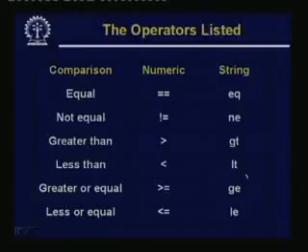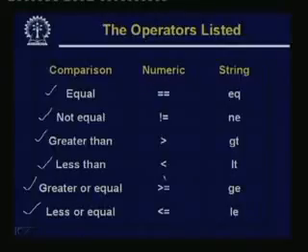So, the operators are listed in a tabular form here. There are 6 comparison operations: equal, not equal, greater than, less than, greater than or equal, less than or equal.